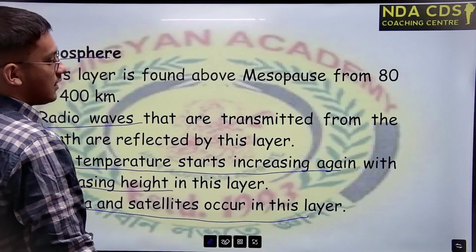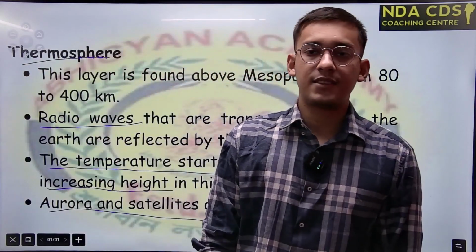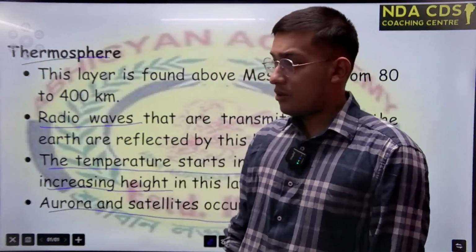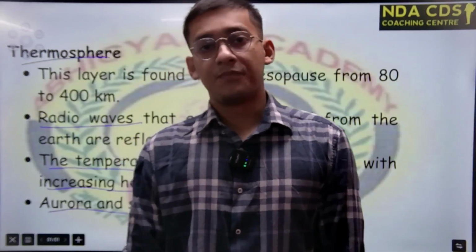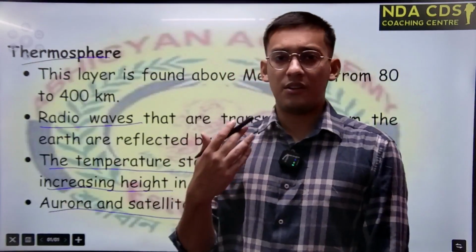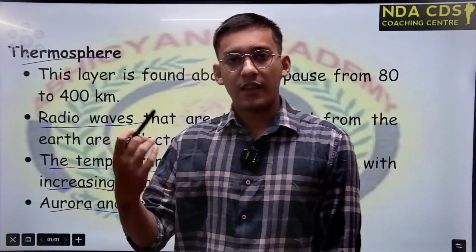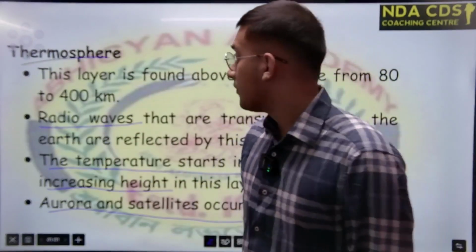Now, as I said before, there are two kinds of aurora. First, we have aurora borealis. Secondly, we have aurora australis. Aurora borealis is in the northern hemisphere, and aurora australis is in the southern hemisphere. The easiest way to remember is aurora australis. Australis is your Australia. Australia is in the southern hemisphere, and the other will be, of course, the northern hemisphere. So I've written it here.